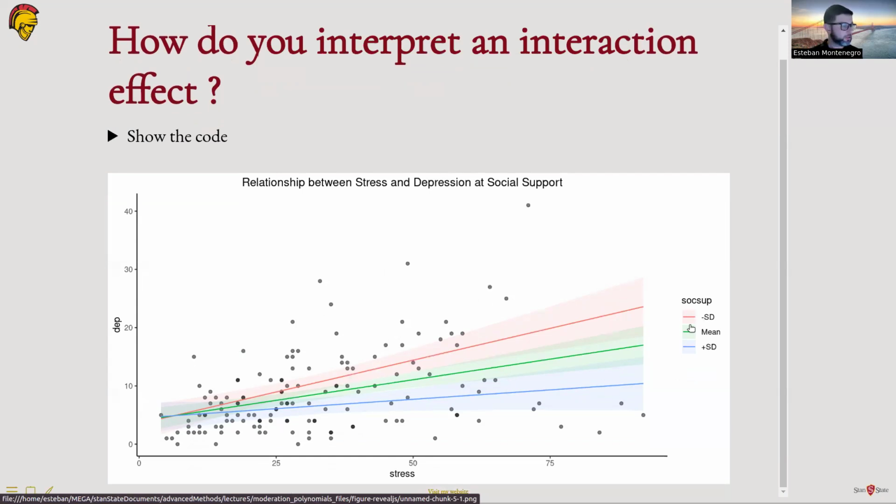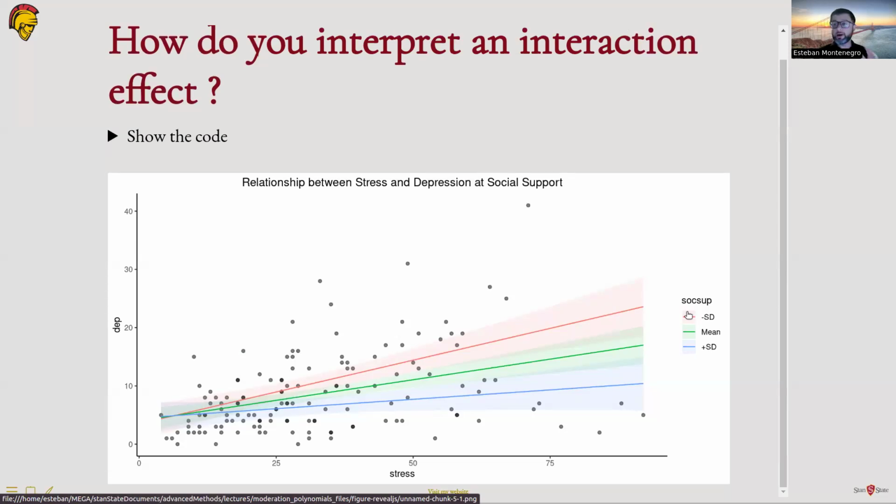We are saying that the relationship between stress and depression depends on social support. And we can analyze that relationship at different levels of social support. And that's actually what is behind the interaction hypothesis. The hypothesis about interactions is more related to levels of your moderator. So we need to analyze the relationship between depression and stress at each level of social support.